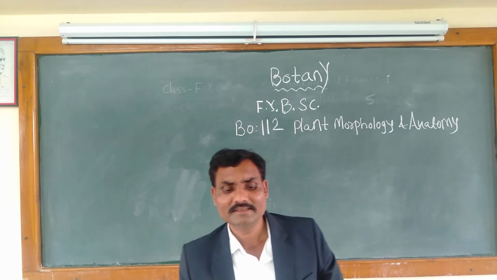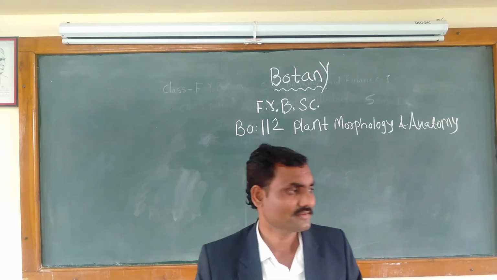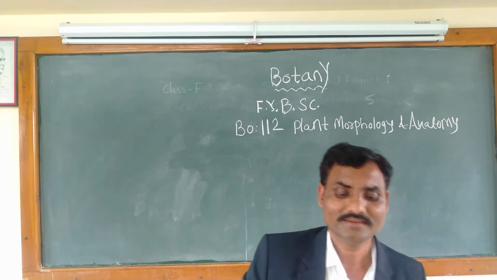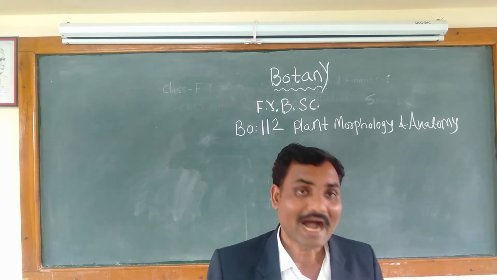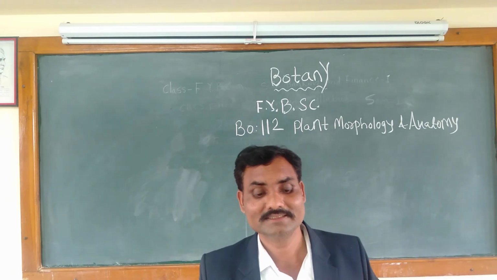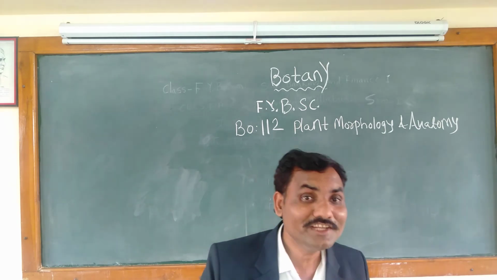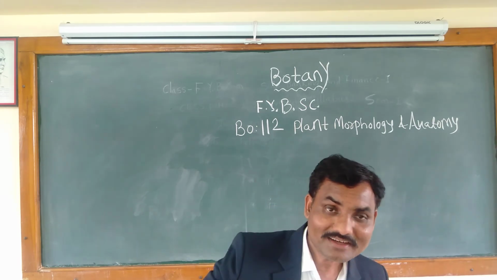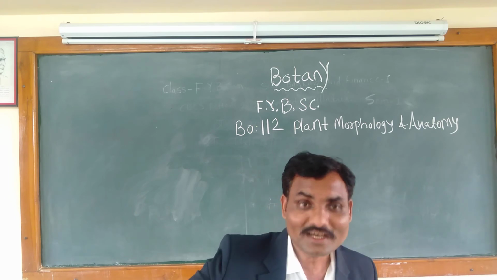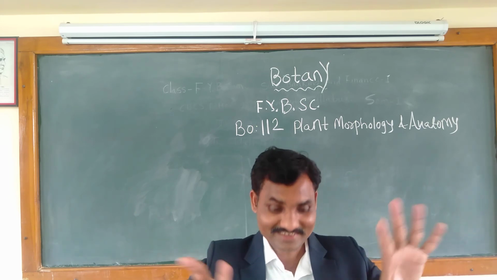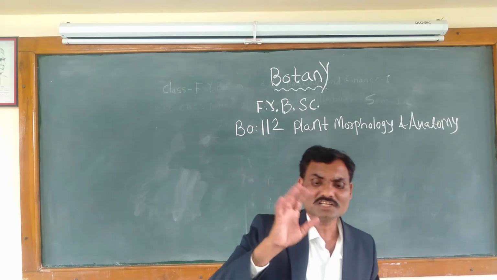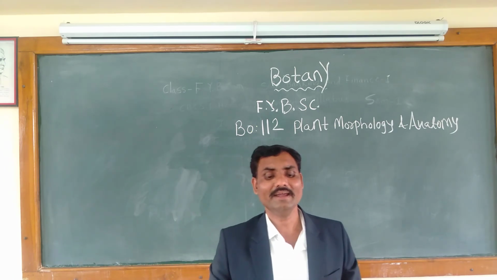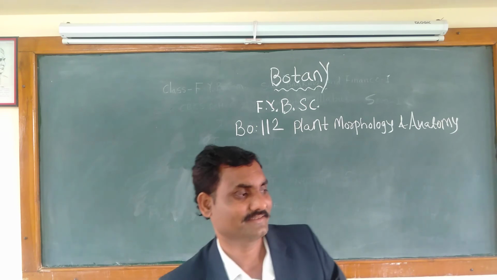And next in this syllabus, there is the internal organization of the primary plant body. How is the primary plant body organized internally? Which different organs, which different tissues, which different cells are there inside? That is called anatomy. Then internal structure of dicotyledon and monocotyledon plants.